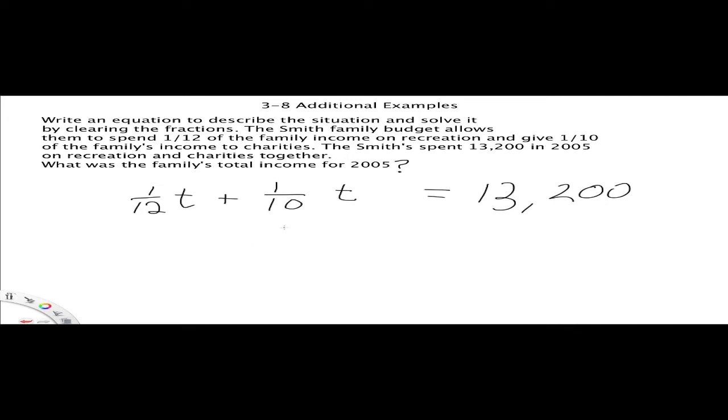So now what we want to do is to clear the fractions out of this equation, and so we want to find something that would allow both of these to go into it, each one divisible by 10 and by 12. If it's going to be divisible by 10 evenly, it's got to end in 0.